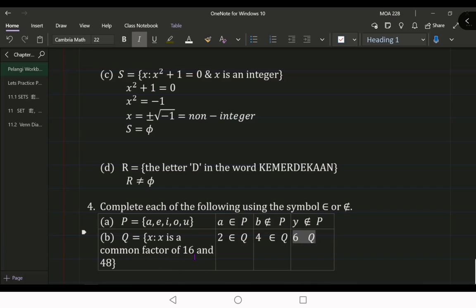Cannot divide by 6. So 6 is not an element of the common factors of 16 and 48. Okay? This one is enough for today. Okay, thank you very much.